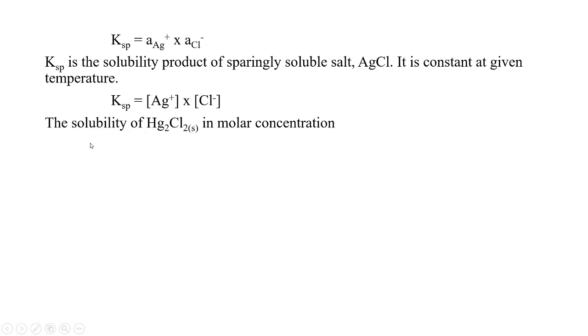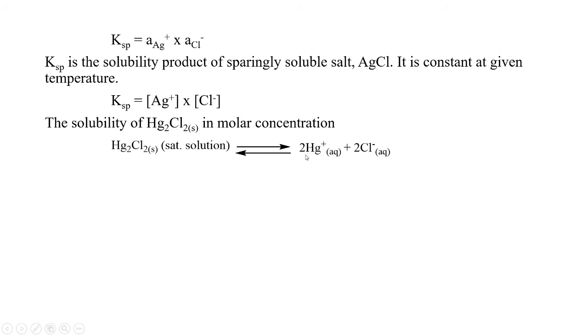Now we have another example, the solubility of Ag2Cl2 in molar concentration. We can write the chemical reaction as Ag2Cl2 solid. In saturated solution, the equilibrium is set up between the salt and its ions in water.